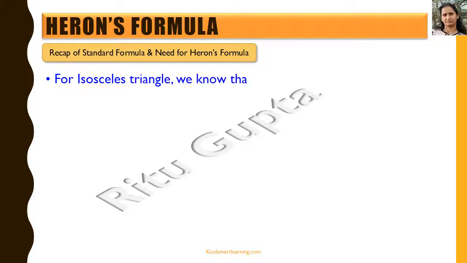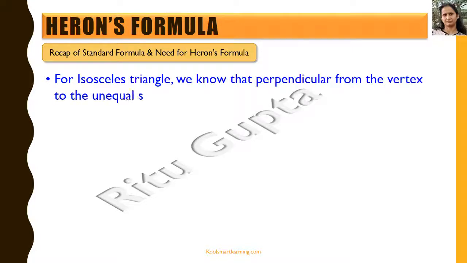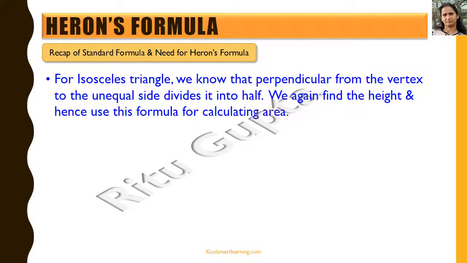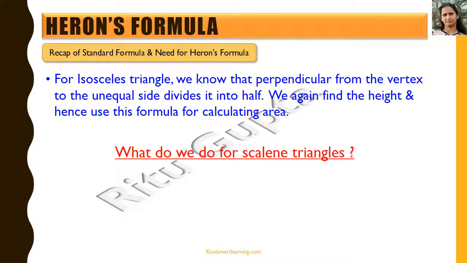Now supposing we have an isosceles triangle, again it is not very difficult to find out the perpendicular. So let's draw an isosceles triangle. Now this is an isosceles triangle named ABC, and we drop a perpendicular from A to BC.